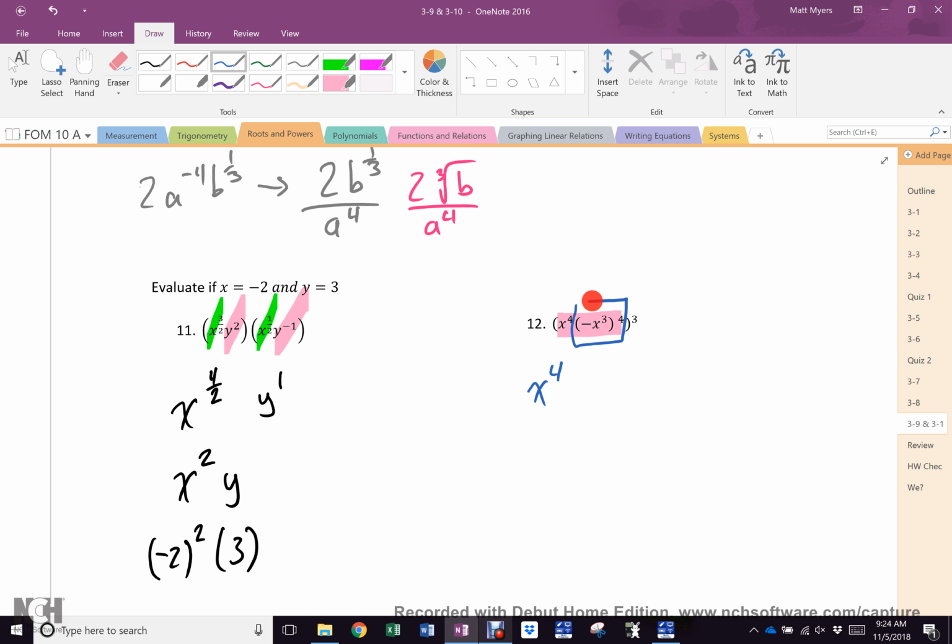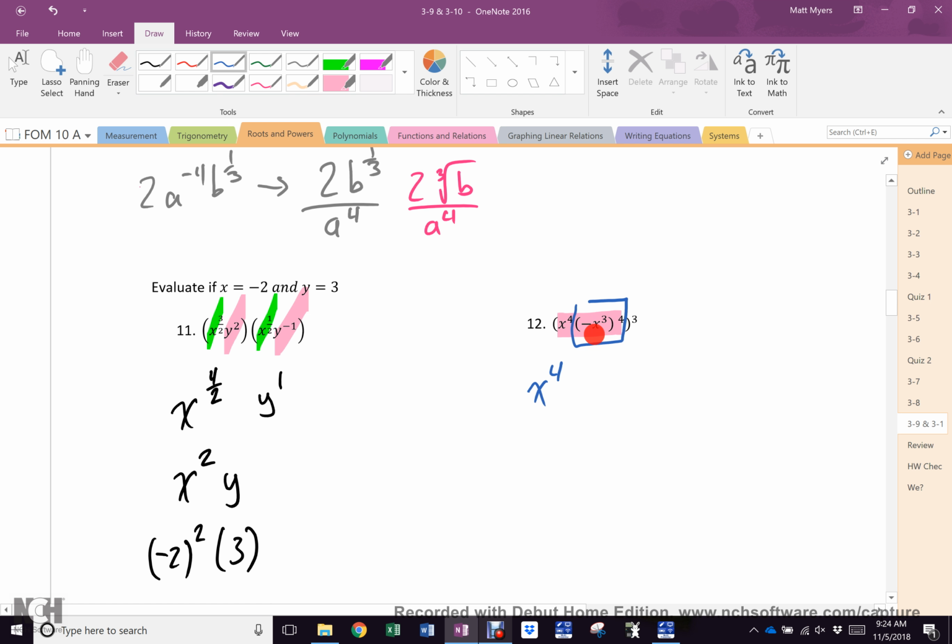Is there any negative exponents in that blue box? No, so there's no reciprocating, is there? There's a negative base, though, yeah? So what is the base in that blue box? It's negative x to what power? 3. How many of them are there? 4.